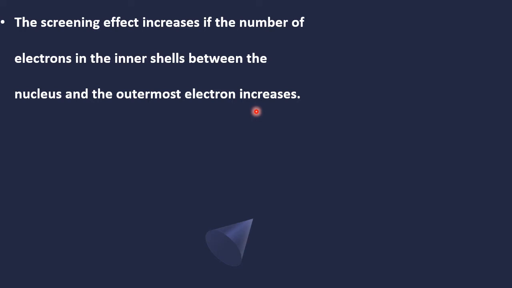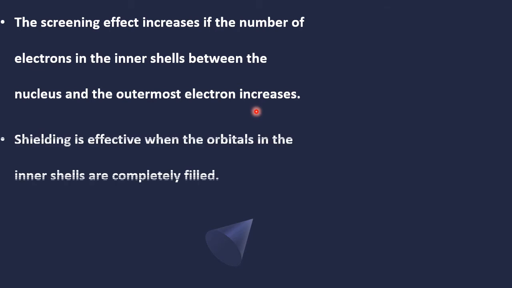The more the number of inner electrons, the more covering and shielding by these electrons. When they shield more, the nucleus will have less control on the outer electron. So the more the number of inner electrons, the more is the shielding effect, and the easier it is to remove the outermost electron.